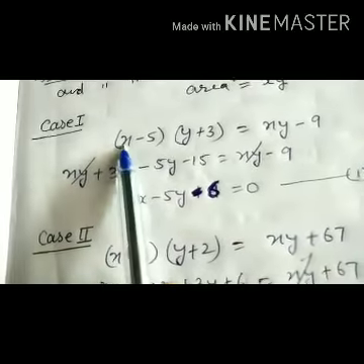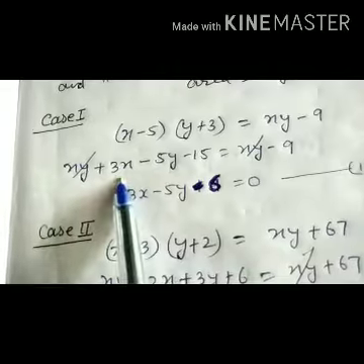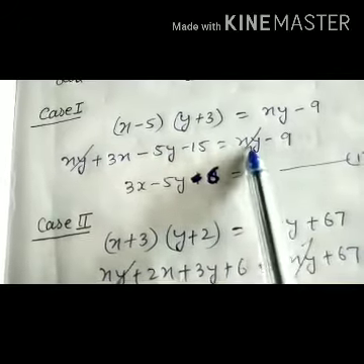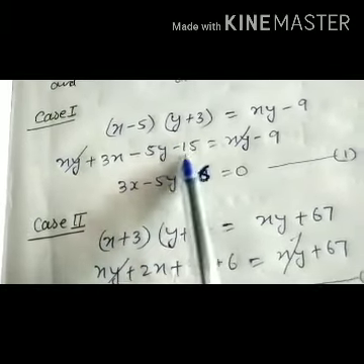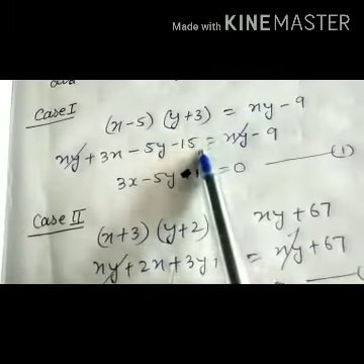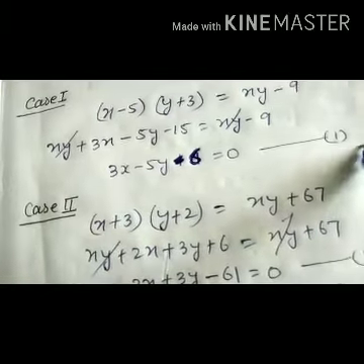Now multiplying, xy plus 3x minus 5y minus 15 is equal to xy minus 9. xy cancels out by xy, so 3x minus 5y minus 15, and this minus 9 will be in the positive sign here. So minus 15 plus 9 is equal to minus 6. This is equation number 1.